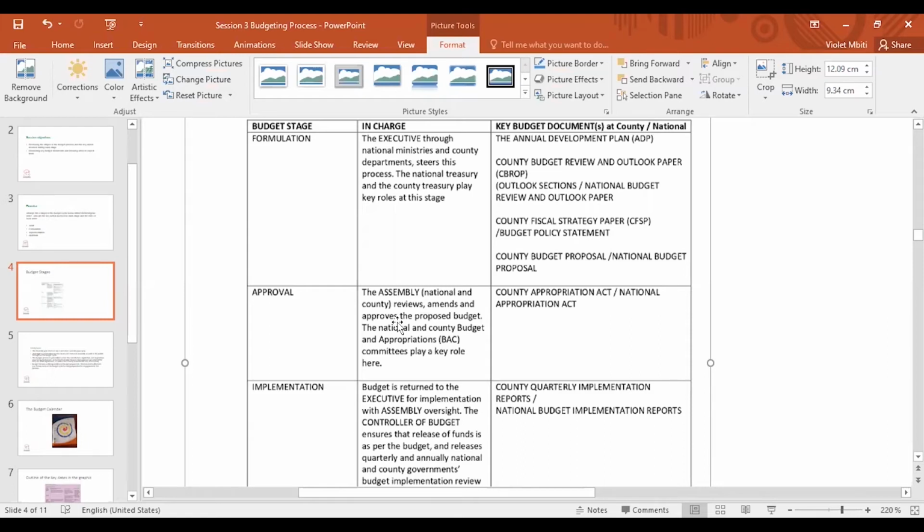And that is why you find that every county government, even the national government, when they like input on a particular document, let's say like the county fiscal strategy paper, they will advertise in the newspaper and state that there is going to be a public participation forum in all the sub-counties in this particular county, so that the members of the public can participate.